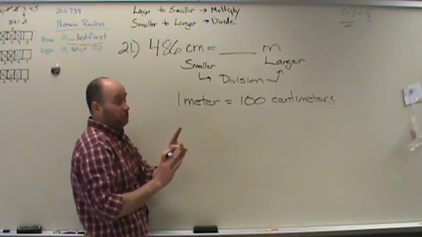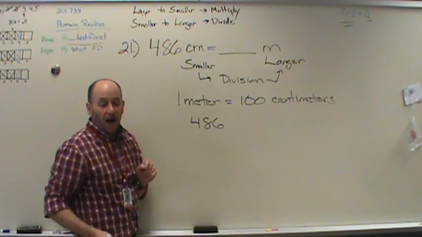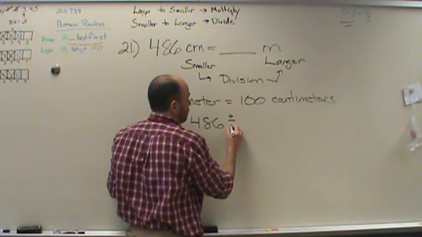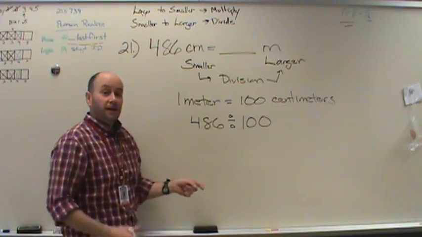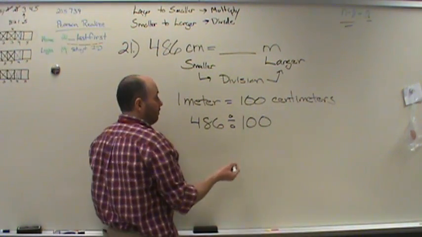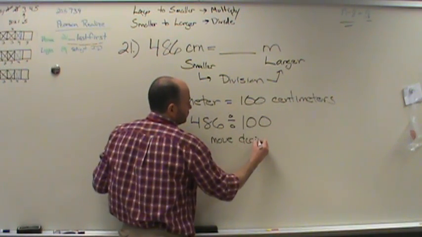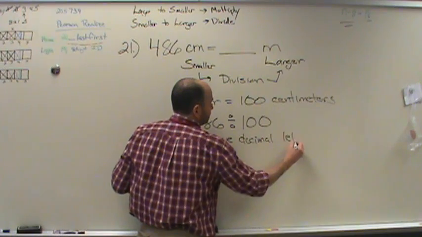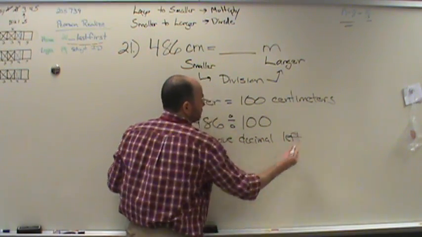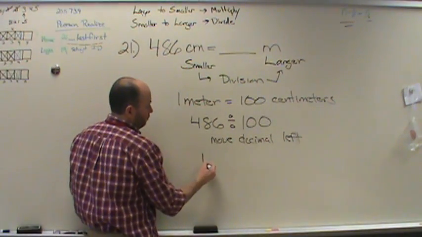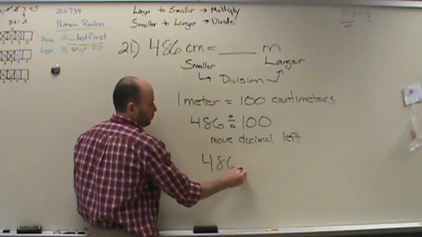So if we divide, we're going to divide 486 by 100. Again, all we have to do is move the decimal to the left. Okay? So in other words, 486 is a whole number, which puts the decimal right here.